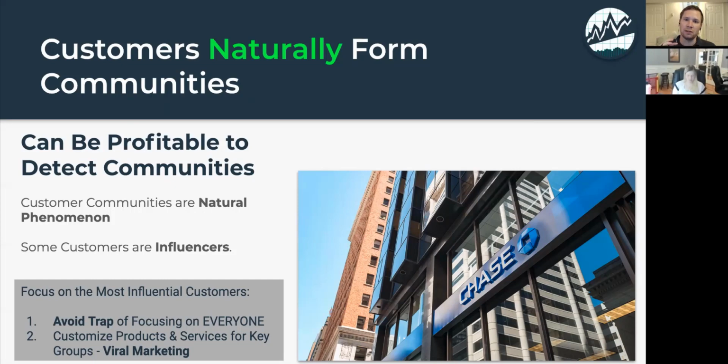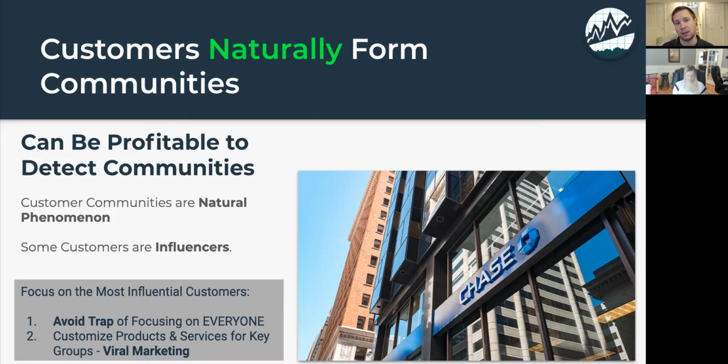So if you develop a product specifically for that person who is connected to a bunch of people, you can avoid the trap of trying to appease everybody and produce a product for everybody, and really focus on certain customers that you want to target, and those products will spread like wildfire. That's what we call viral marketing.